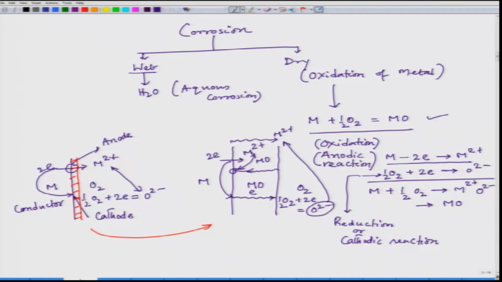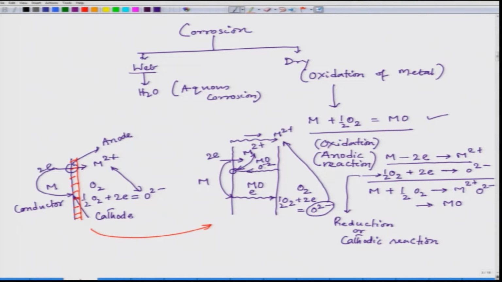Interestingly, charge flow is taking place through this. For example, here O2- is flowing, or here M2+ is flowing through this. So, charge flow is taking place through this MO. So, now MO becomes my electrolyte.